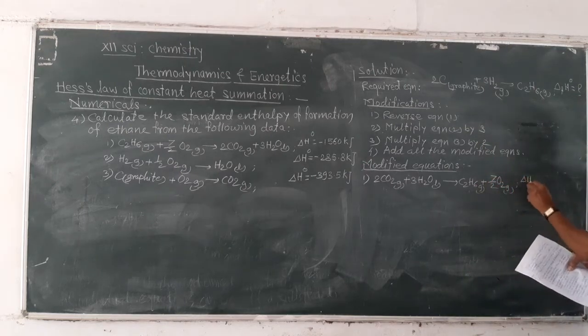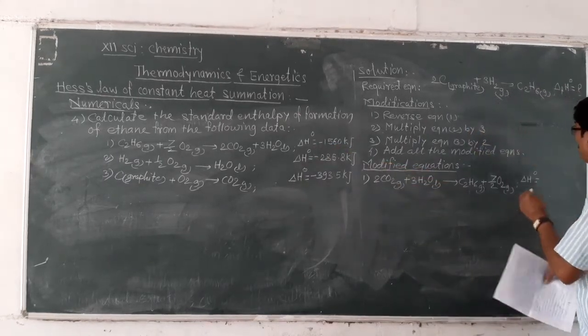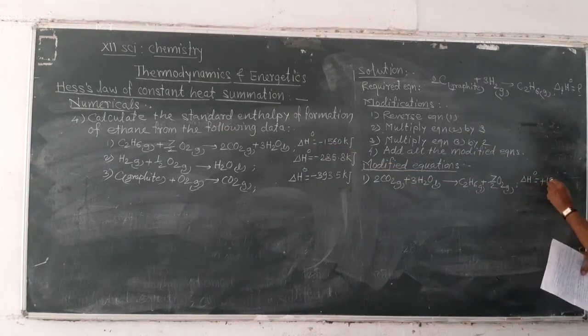If the equation is reversed, the sign of the enthalpy becomes positive, plus 1560 kilojoule.